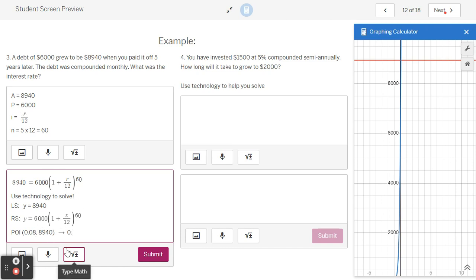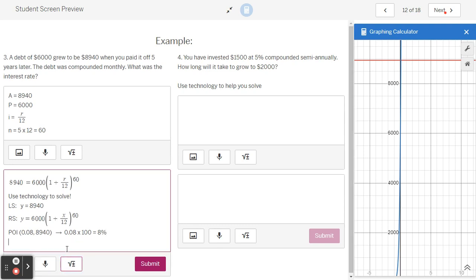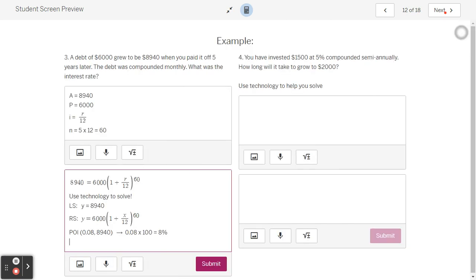So we have 0.08, that's represented as a decimal. Let's multiply it by 100 and we get 8%. So what's the interest rate? Interest rate is 8% per annum.